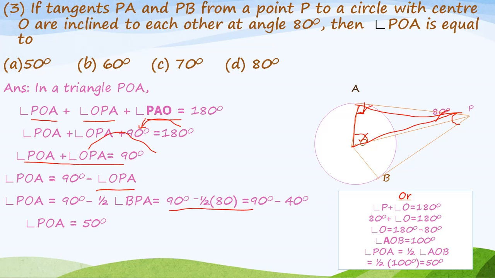It can also be solved by another method. We already proved that the sum of angle P plus angle O is equal to 180 degrees. Angle P is 80 degrees, so angle O is 180 minus 80, which is 100 degrees.